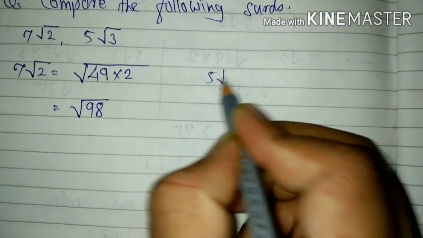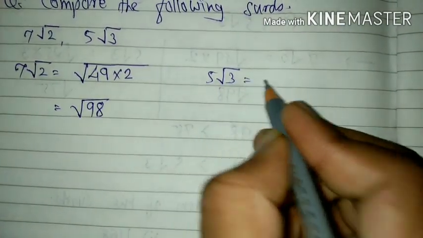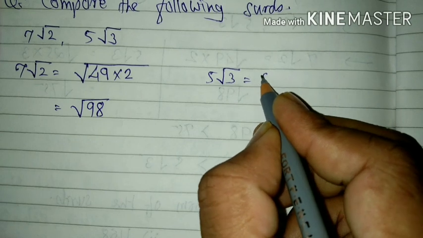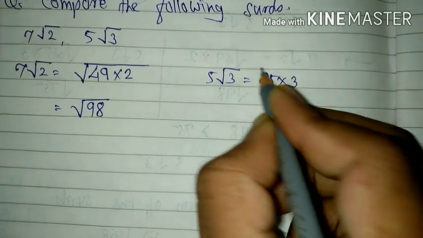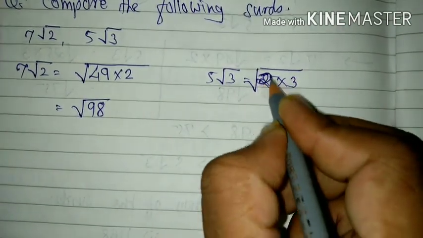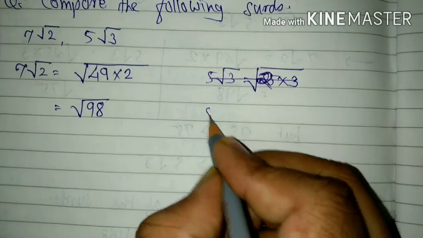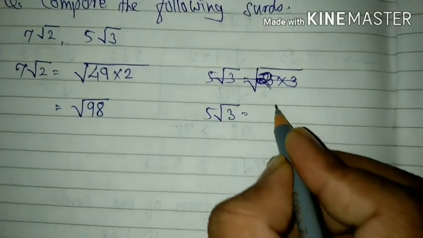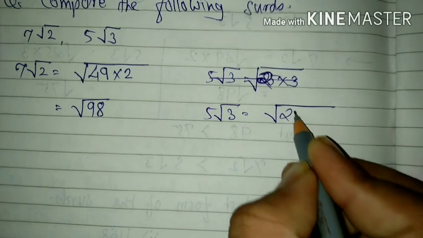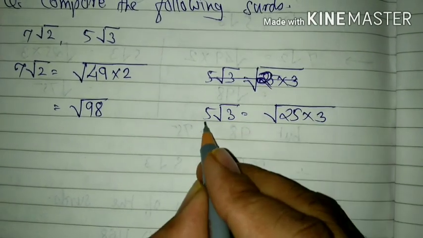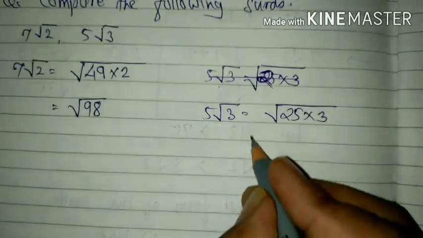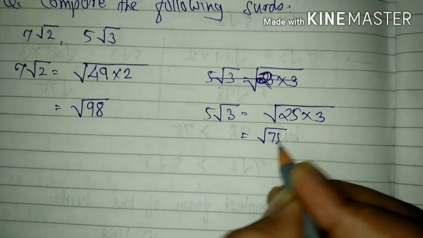And 5 root 3, this term becomes 25 into 3. 5 root 3 is equal to under root of 25 into 3. Whenever 5 goes in, becomes 25. So it is equal to root 75.